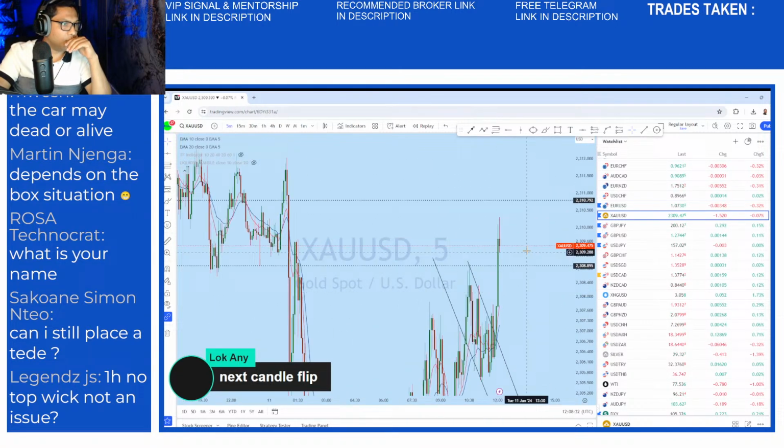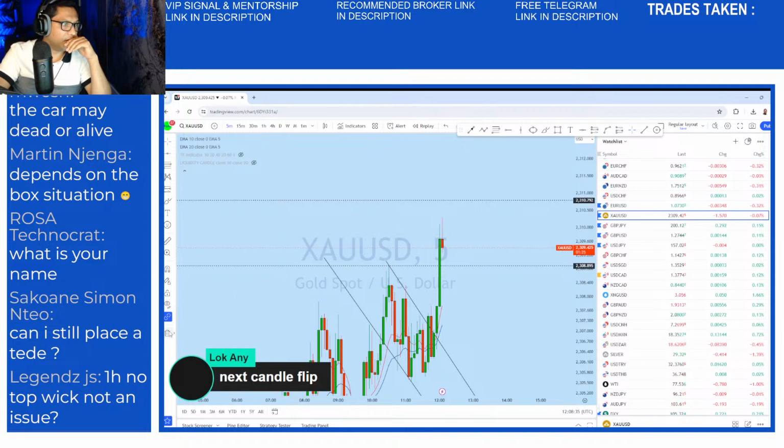Okay, so let's see where gold has gone. We see that gold has reached a very important liquidity zone.